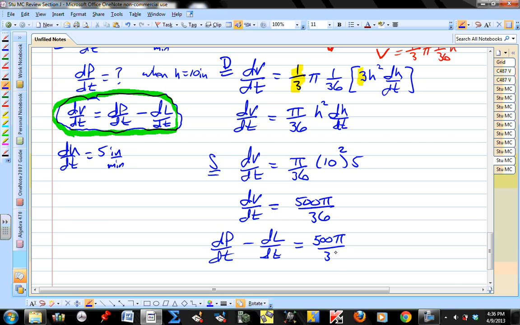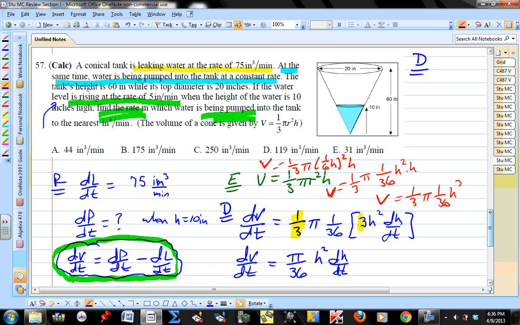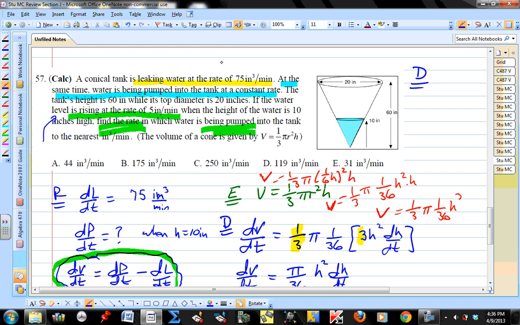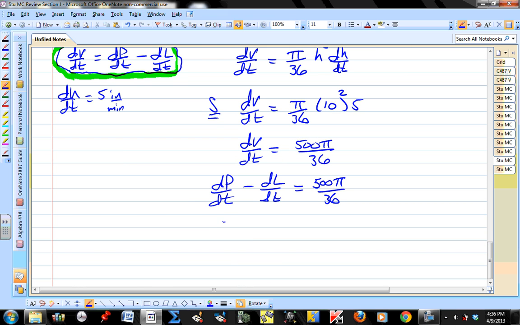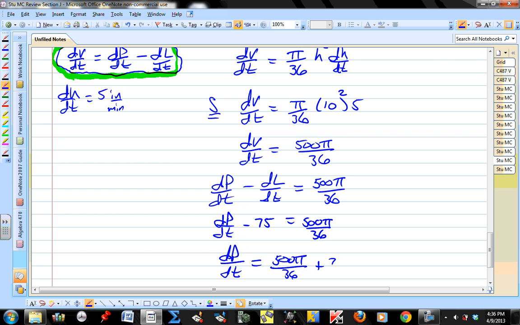We're going to be typing stuff in our calculator in a moment and getting it in decimal anyways. Now, also remember that they told us way back in the problem statement, water is leaking out at a rate of 75 cubic inches per minute. So we can say that dP/dt minus 75 equals 500 pi over 36. Some old school algebra. We get dP/dt equals 500 pi over 36 plus 75.